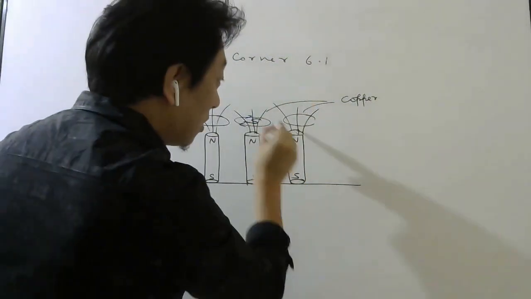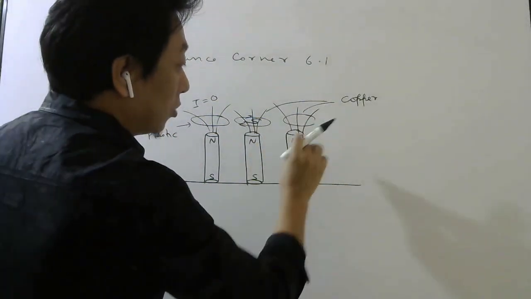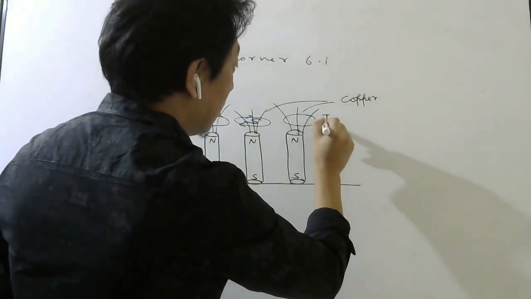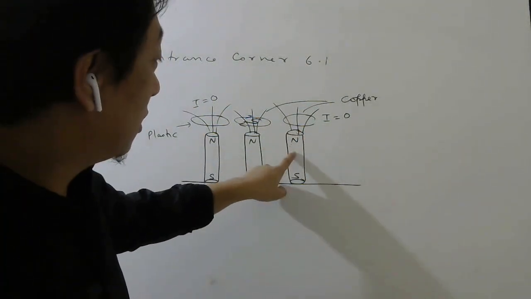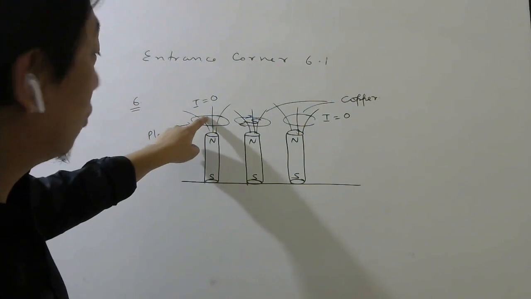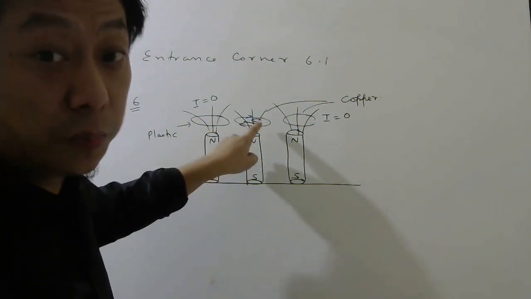Here again current wants to flow, copper ring, but then this is cut here, so it's an open circuit, so current here will be 0. So here there will be no current, so this will not oppose this. But here there is current, so this will oppose this one.